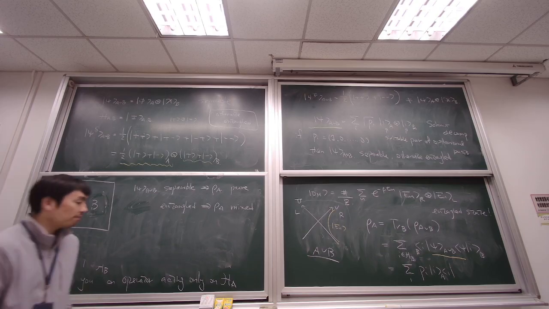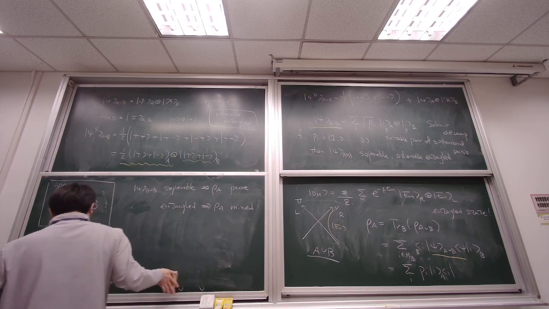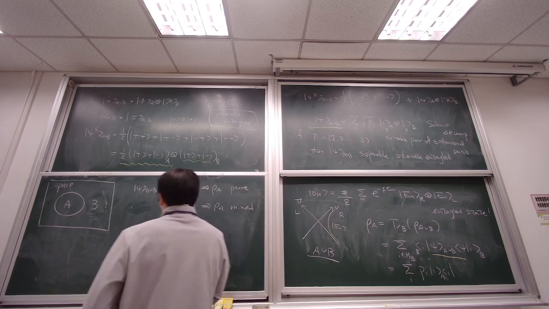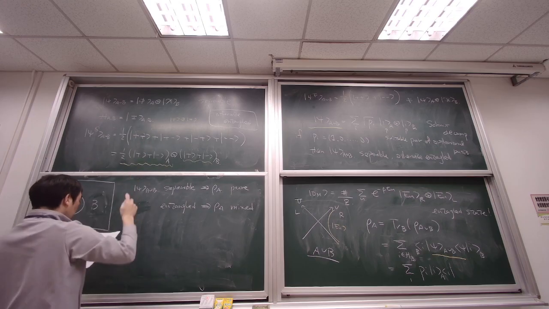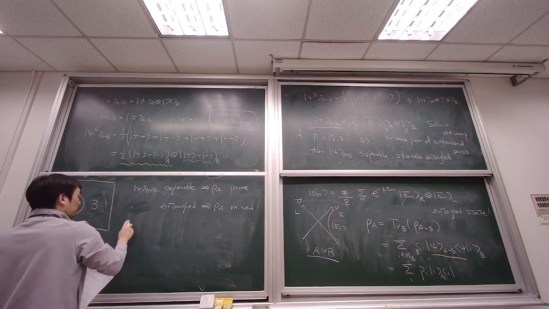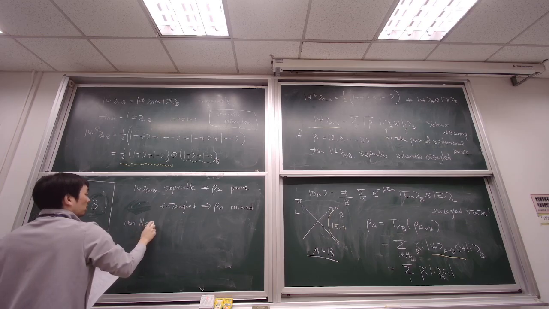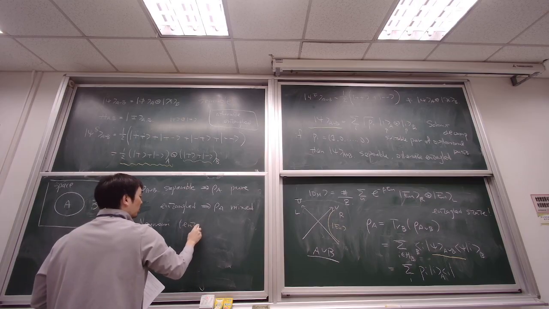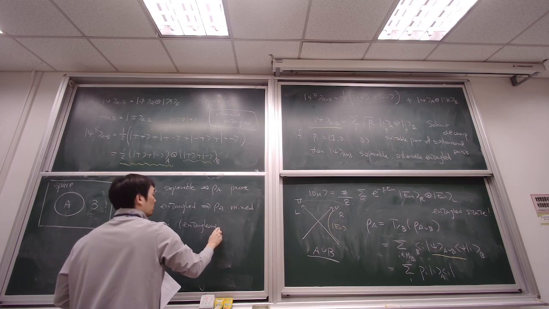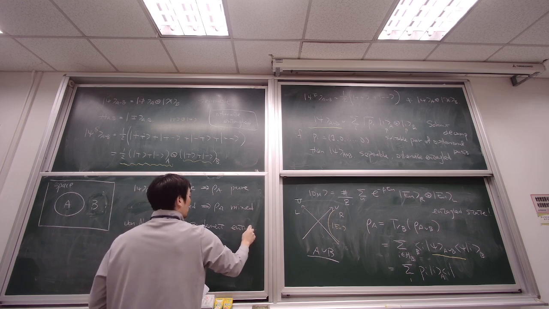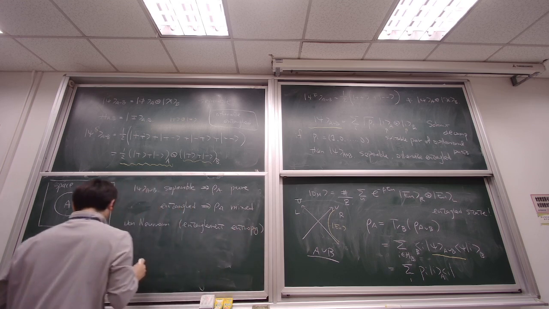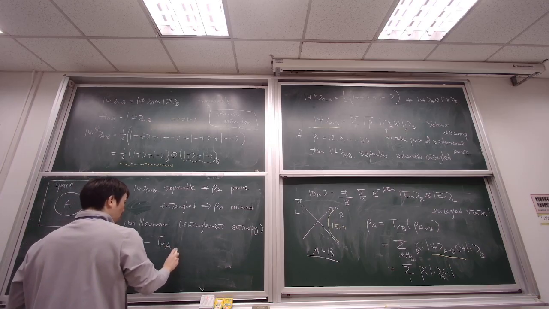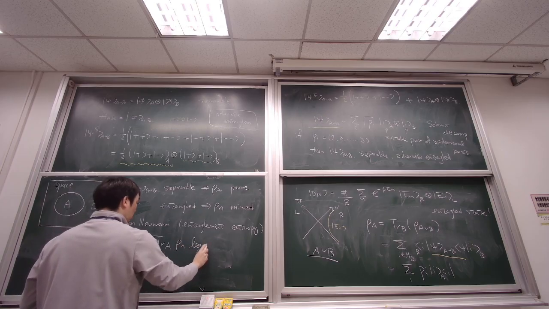Now we define the so-called von Neumann entropy, or entanglement entropy, whichever we call it. The entropy of this subsystem A is given by minus trace rho A log rho A, like this.